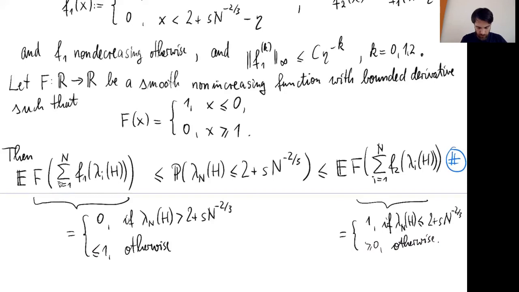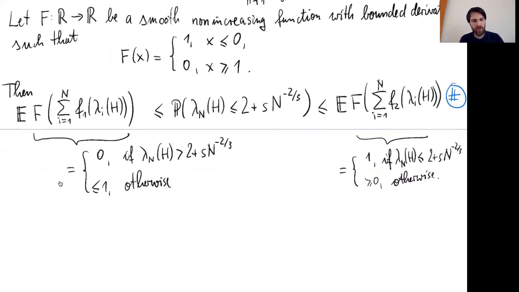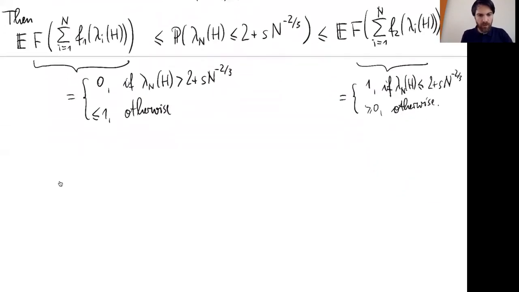So that gives us a way to express the probability in terms of expectations of smooth test functions. And as we've seen already before, these expectations of smooth functions one can control much better, because one can use something like Helffer-Sjöstrand to express it in terms of the resolvent, and the resolvent we can control by the local law and similar tools. And that's actually what happens in the next proposition.